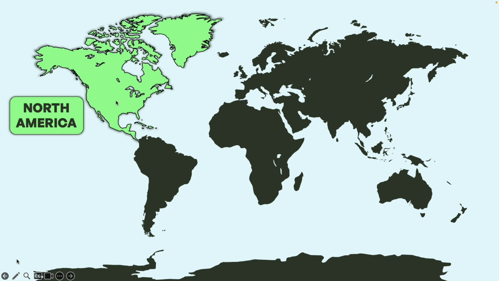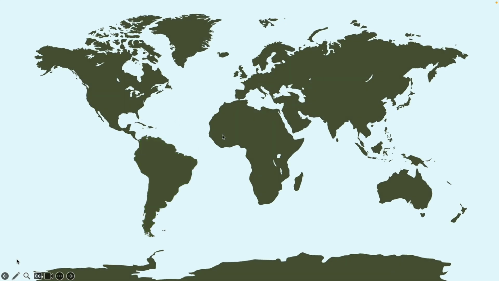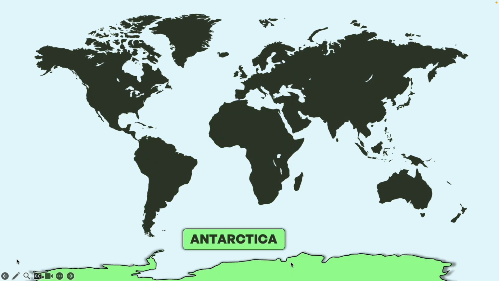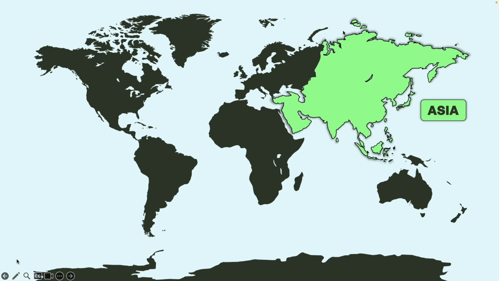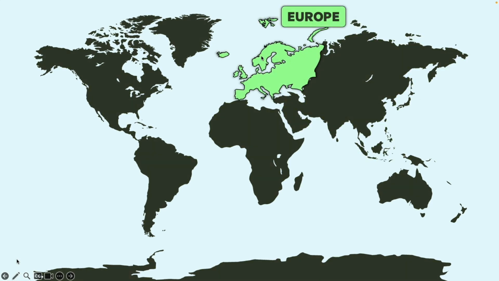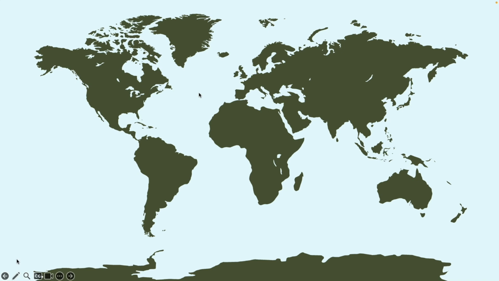So if I go to North America and I follow this straight to South America, it should just go directly to it, and I don't need to go back to the ocean and then to my next continent. I can choose Antarctica, I can go to any island, I can go to Asia, Europe, and back to North America. There we go. That is how to make an interactive map in PowerPoint.